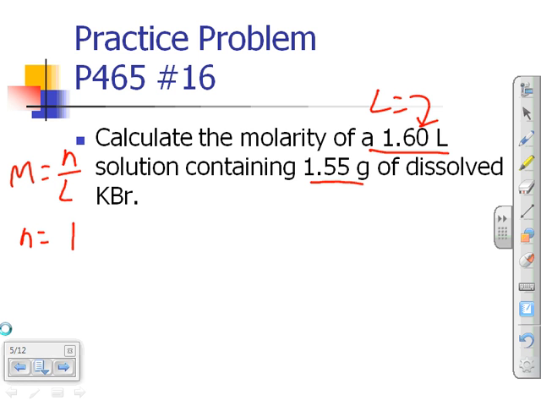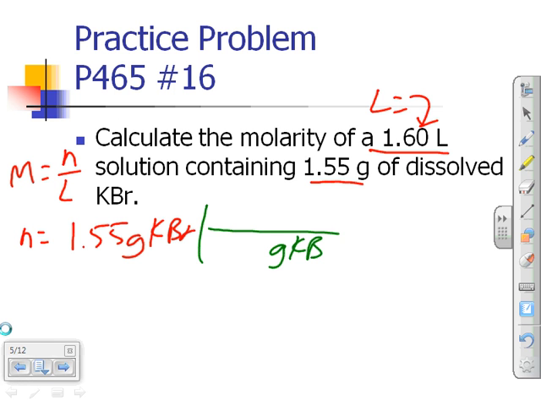n is equal to 1.55 grams of KBr. Then we'll do our parentheses line, grams KBr in the denominator, moles of KBr in the numerator. We know that that's going to be 1 mole in the numerator, and then we're going to have the molar mass of KBr.